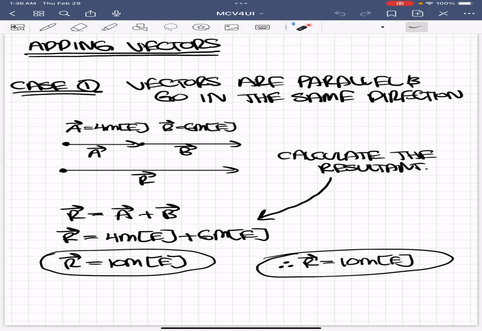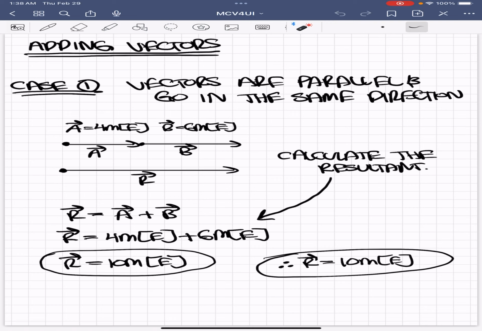They're going in the east direction. So vector B is going 6 meters in the east direction. And this is the resultant that we're finding. So when you see calculate the resultant, this is what we are calculating.